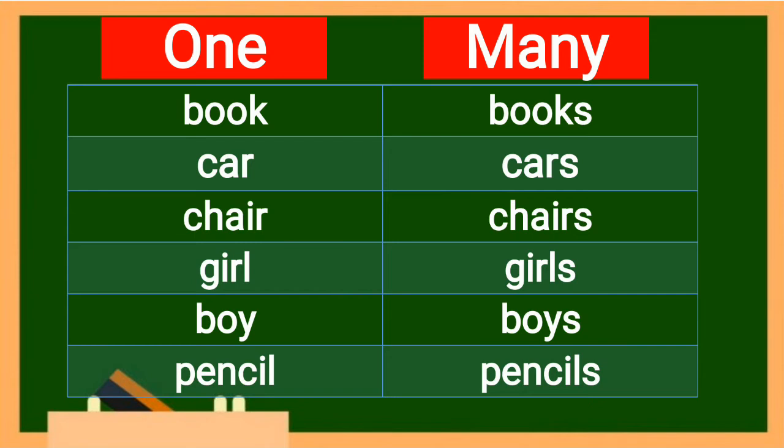Just give attention. 1 book, many books. 1 car, many cars. 1 chair, many chairs. 1 girl, many girls. 1 boy, many boys. 1 pencil, many pencils. So children, I hope now you all are understanding what is singular and what is plural.